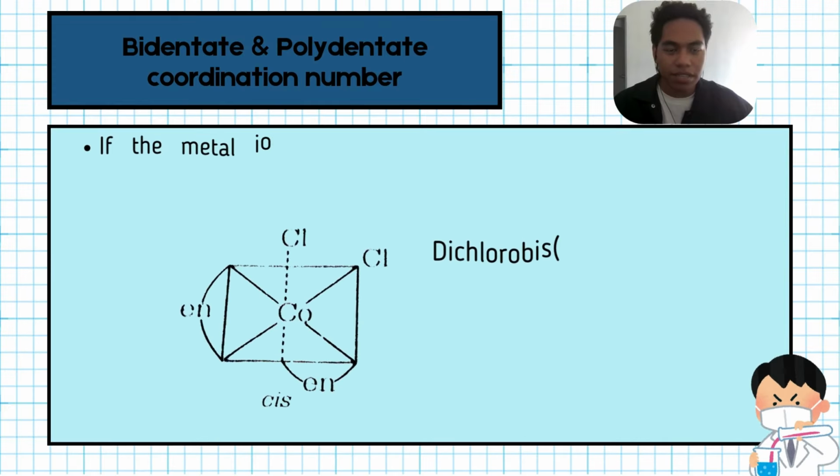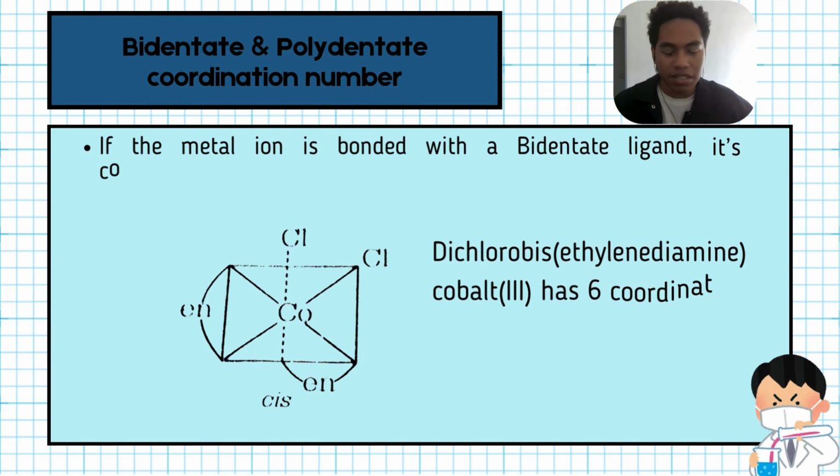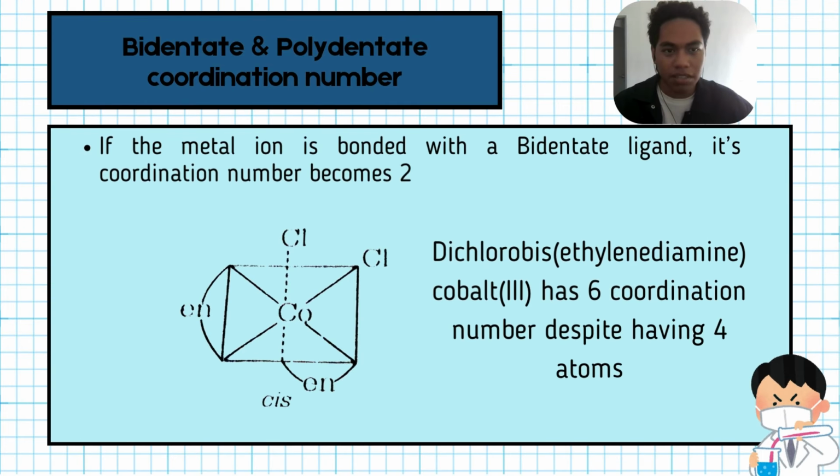In the previous slides, we have discussed different types of ligands. Now, these different types of ligands can correspond to a different coordination number. For example, if the metal ion is bonded with a bidentate ligand, its coordination number becomes 2. Let's look at an example. Dichlorobis(en)cobalt 3 has a 6 coordination number despite having 4 ligands. Since en is a bidentate ligand, it donates 2 atoms.